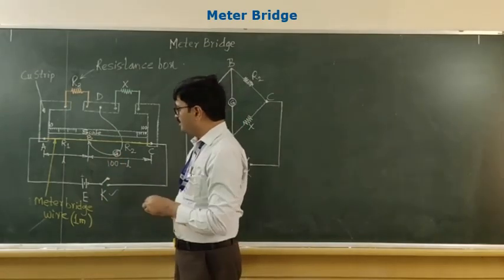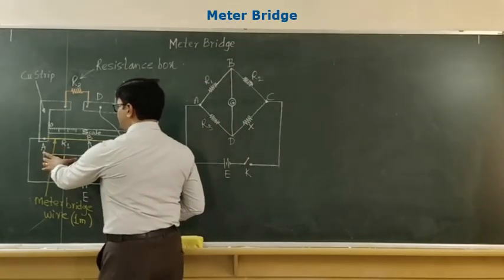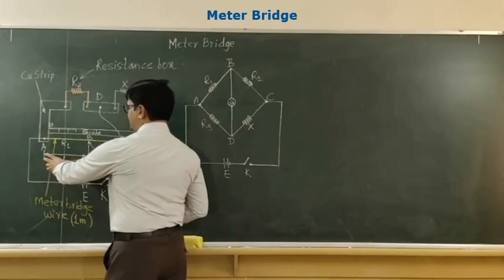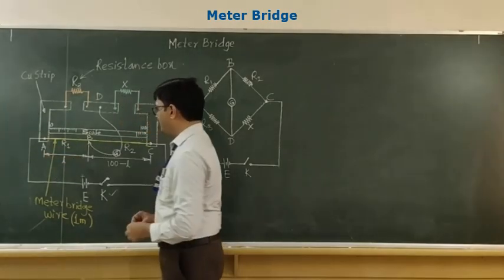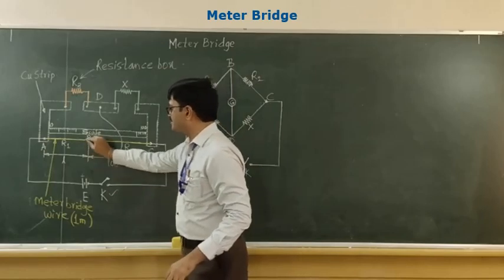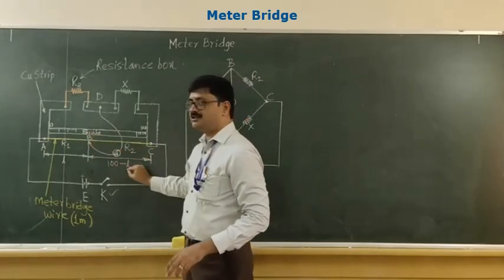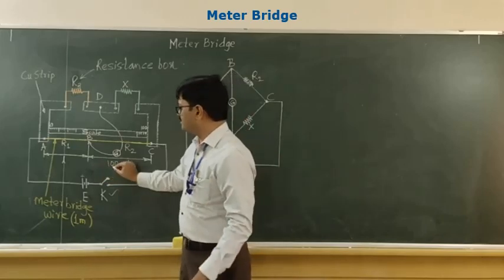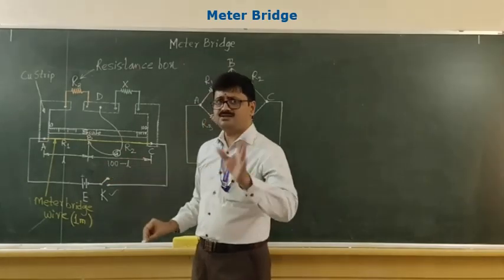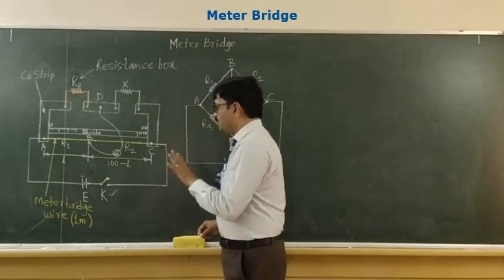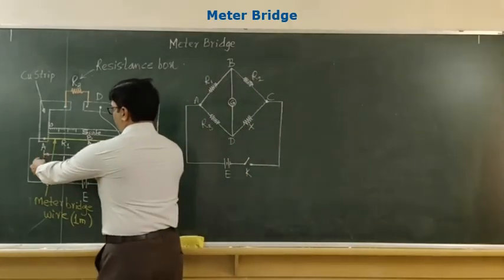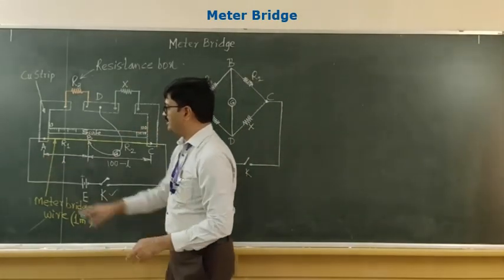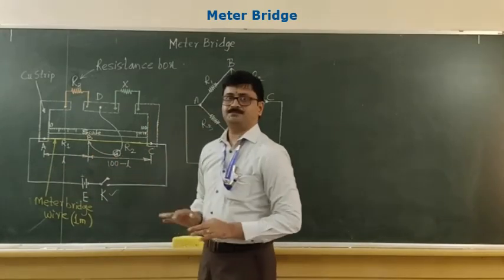Okay, and I'll measure this distance AB as L, and naturally the other distance, that is BC, must be 100 minus L, because 100 centimeters is the total length. So clearly now we have two wires, wire AB and wire BC.